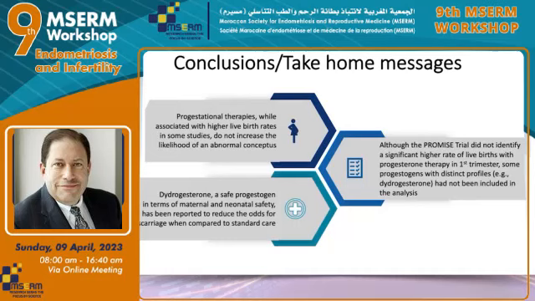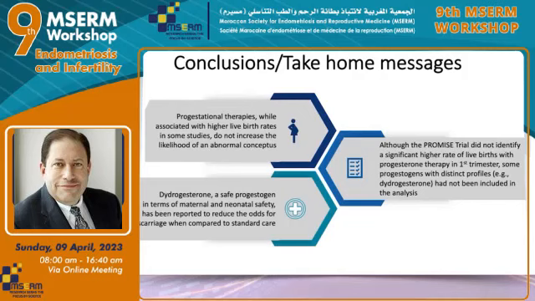The PROMISE trial, as well as others, did not identify a significantly higher rate of live births when progesterone therapy, micronized progesterone, and others were used in the first trimester. However, dydrogesterone, being that it was a North American trial, was not used and included in the analysis.